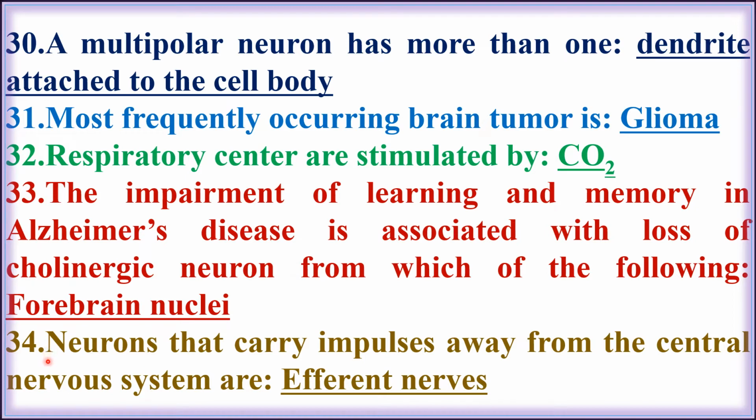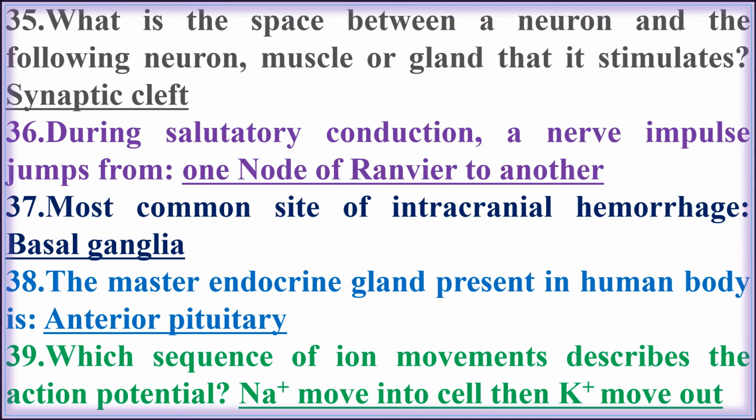Next, neurons that carry impulse away from the central nervous system are called efferent nerves. Next, what is the space between a neuron and the following neuron, muscles or gland that it stimulates, called? Synaptic cleft.